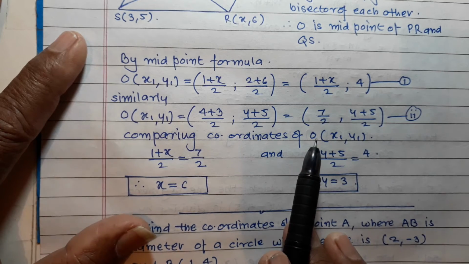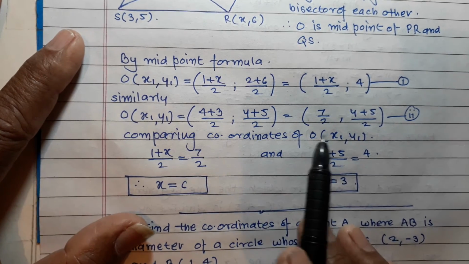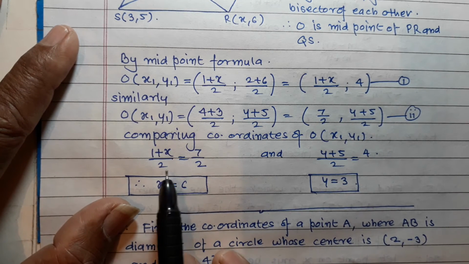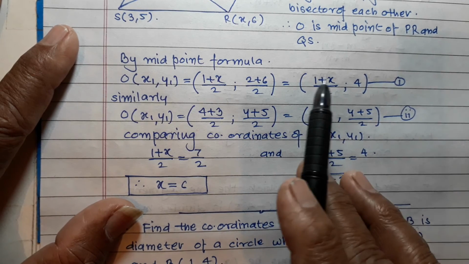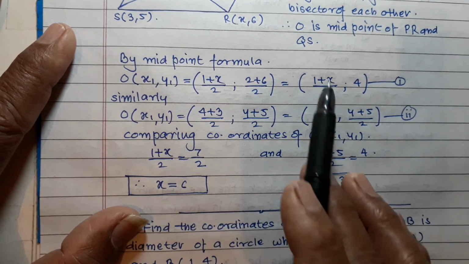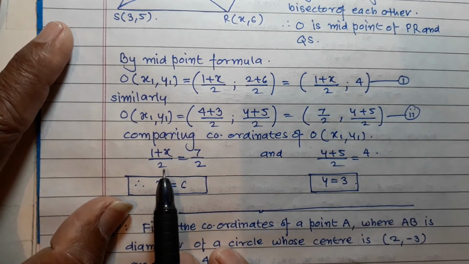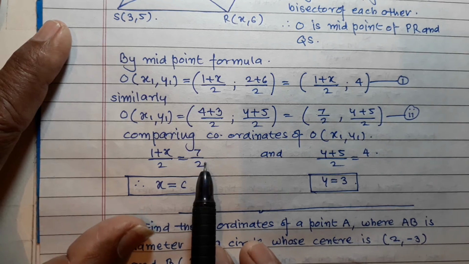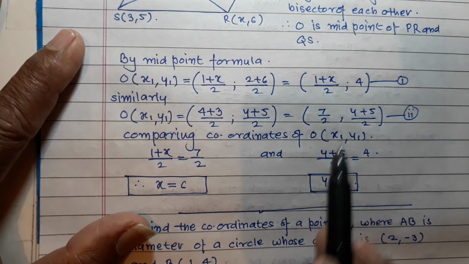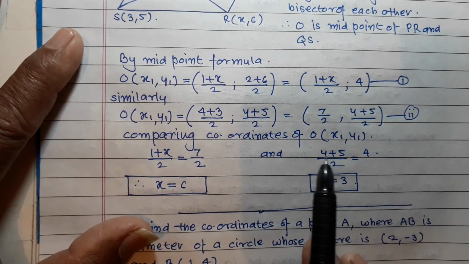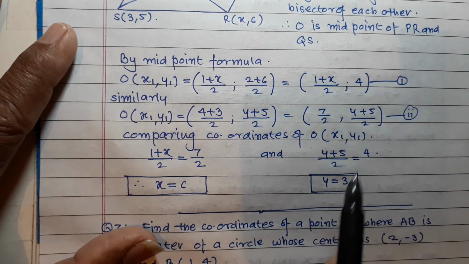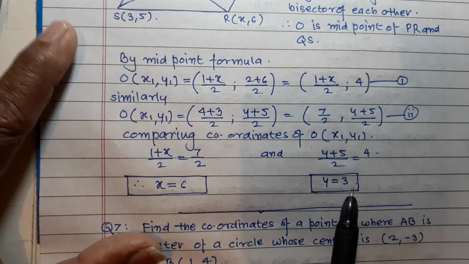Comparing the coordinates of point O, this is the x coordinate of O. So 1 plus x upon 2 is equal to 7 upon 2, and if you simplify you will get x is equal to 6, and comparing y plus 5 upon 2 is equal to 4, if you simplify this you will get y is equal to 3.